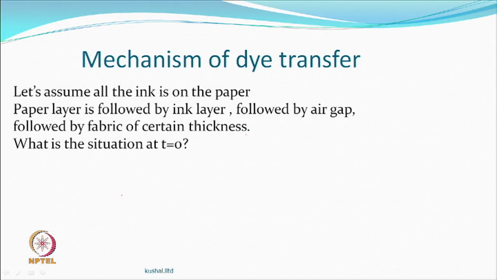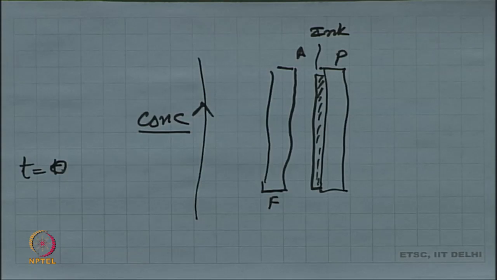So, we have ink on the paper layer, followed by the ink layer, then there is an air gap followed by fabric of a certain thickness. Okay. So, this is what we expect to happen. This is the situation.